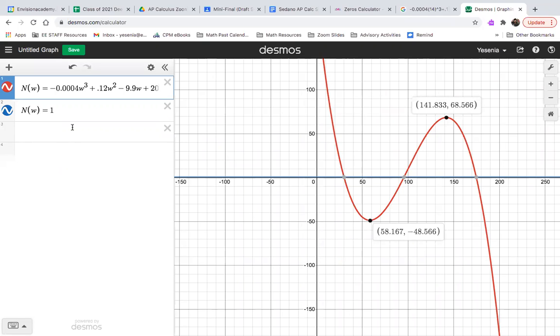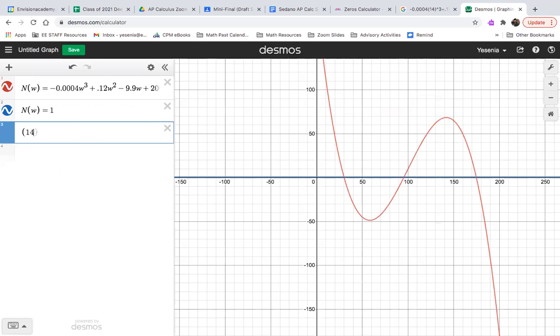What I could do is make that a point, 14, 83.82, so that it just stays there and we know that's an endpoint. Awesome. And then I don't need this at the moment.